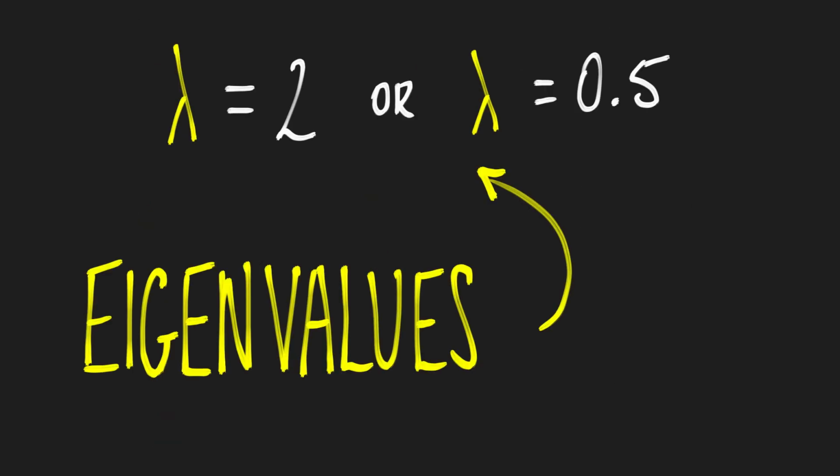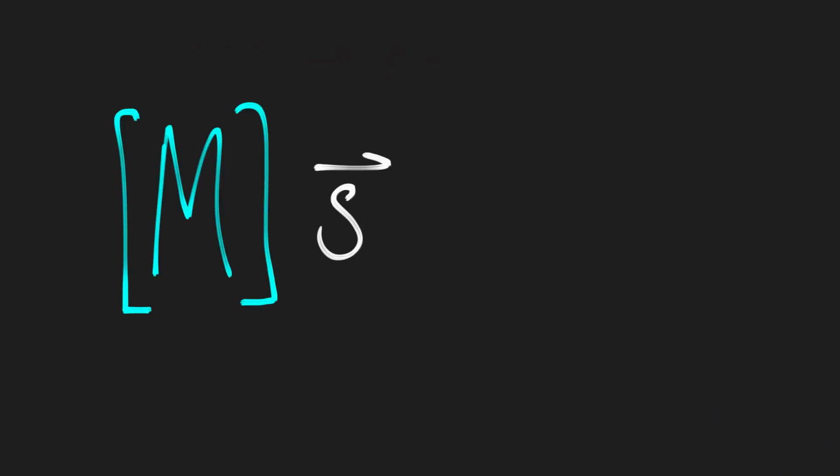These are our eigenvalues, because remember, we set it up so that we have a vector that is multiplied by our transformation matrix that produces the same vector only scaled by this eigenvalue lambda. So now we can sub those values back into the matrix equation to find their corresponding eigenvectors.